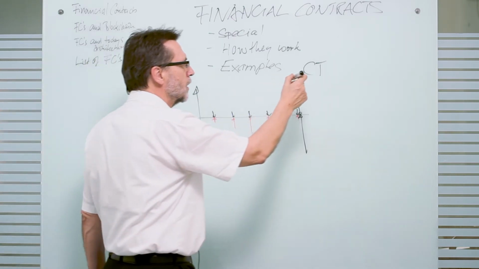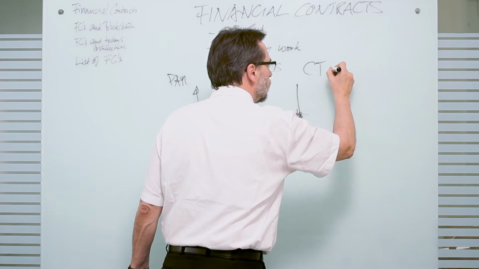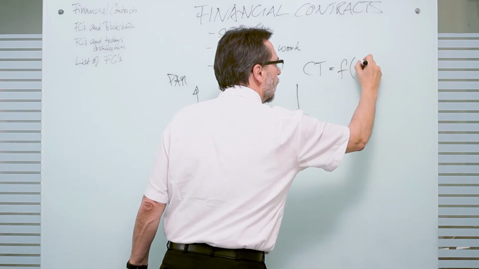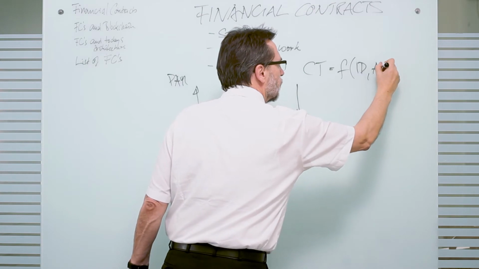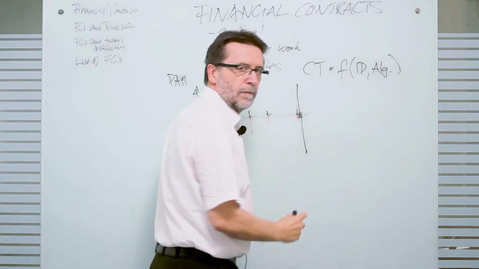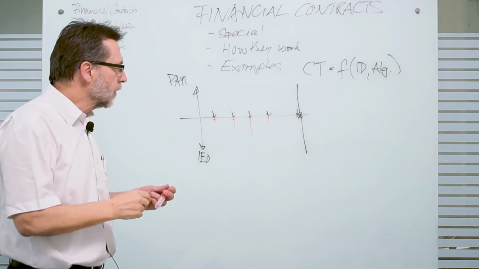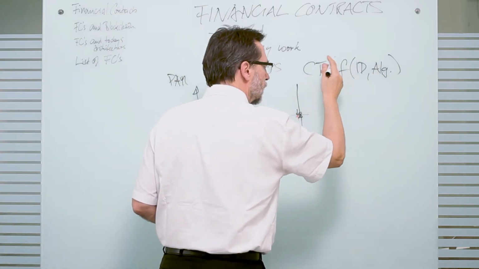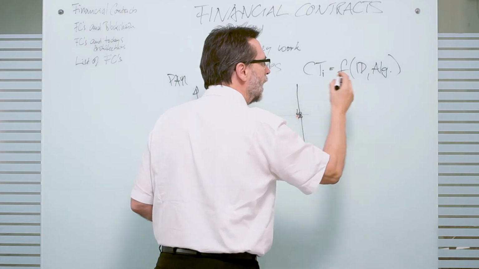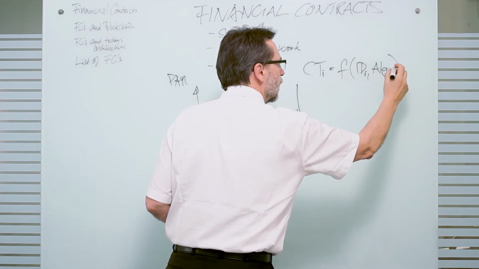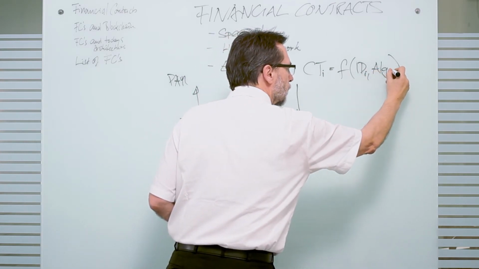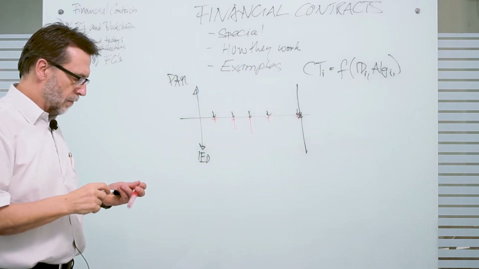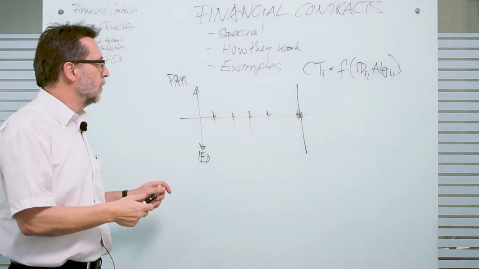And each contract type is a function of some initial data and some algorithm. Okay, and we can say CTI, so the contract I follows the initial data I and the algorithm I. Okay, so that's how they work.